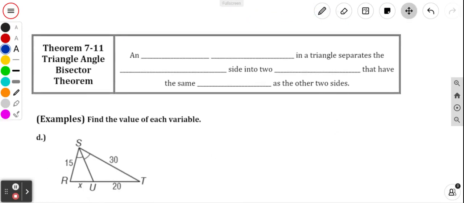There's another theorem. This one is specifically with an angle bisector, and it's with one triangle, not two. So if you have an angle bisector in one triangle, it talks about what happens. So ready?